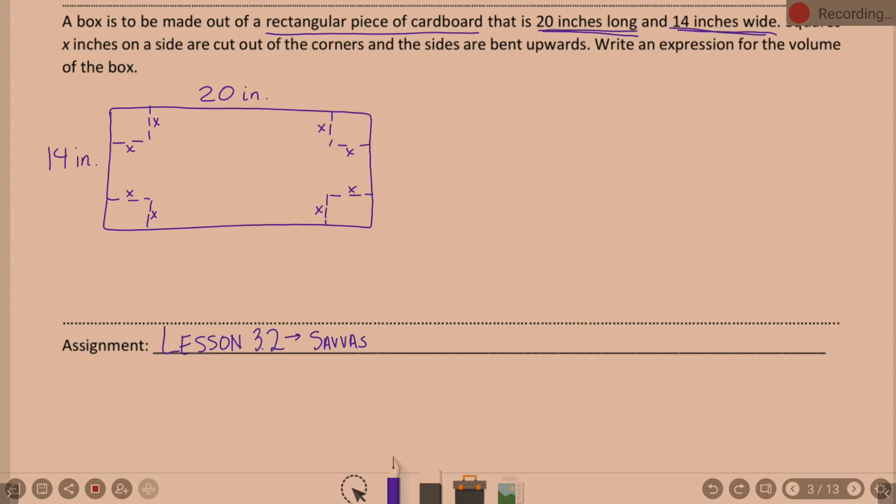Once those squares are cut out, you fold up the remaining edges and you make a box.